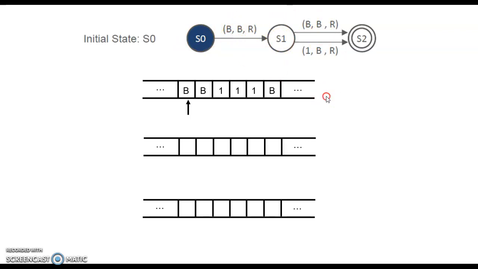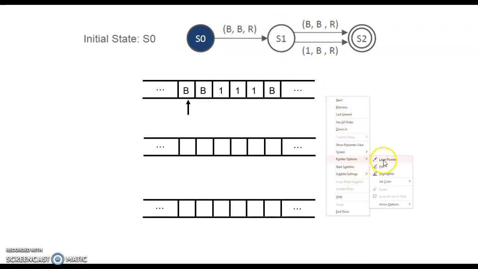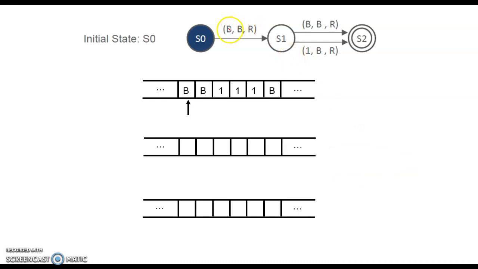So what I've got here, just change my biro so we can do this one, and get the pen. Right, so here we've got our read. So if we're in state 0, which we are, our initial state, and if we read a B, which we do, what we're going to do is write a B, and we're going to move the tape head to the right.